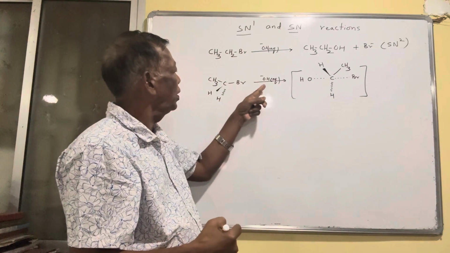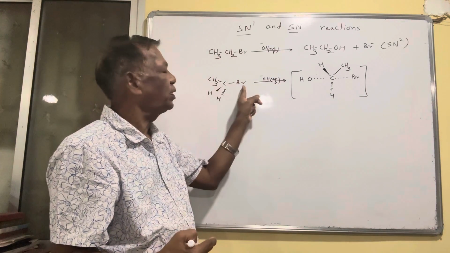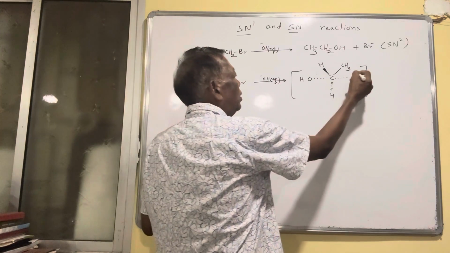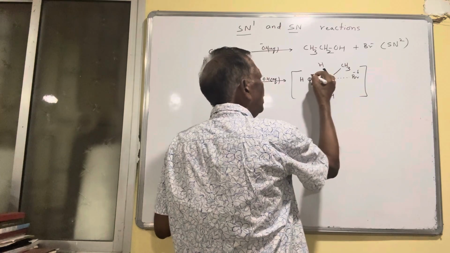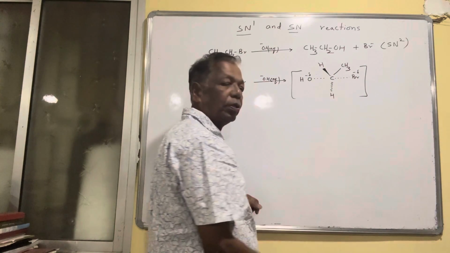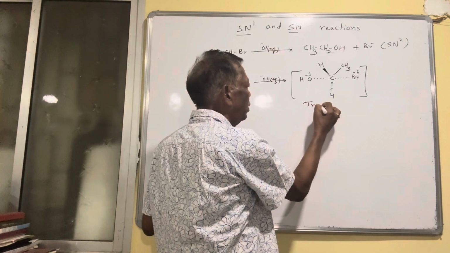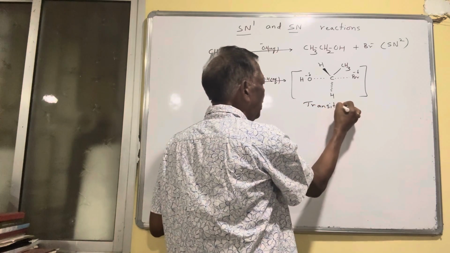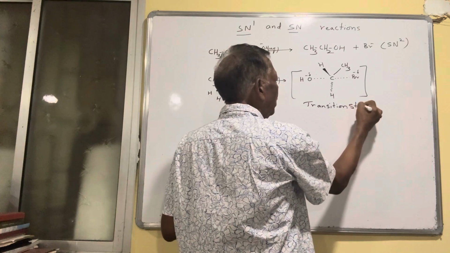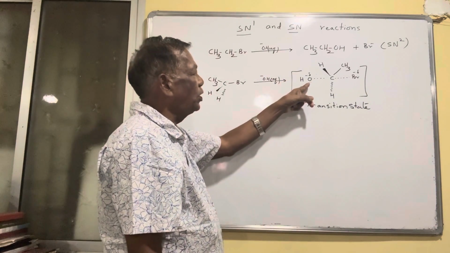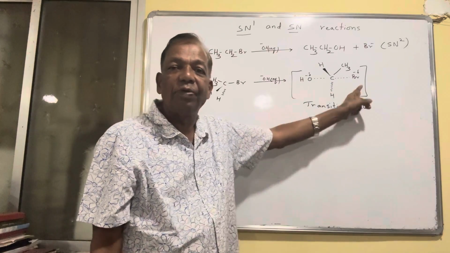But always OH comes and adds from the opposite side to that of Br in this reaction. And as a result, this will carry partial negative charge. This will also carry partial negative charge. Now this state is called a transition state. This you all know, I have already explained earlier, transition state. Once this transition state is produced, then the OH ion will get attached fully, Br will get detached.